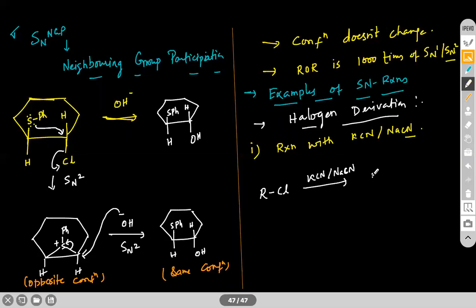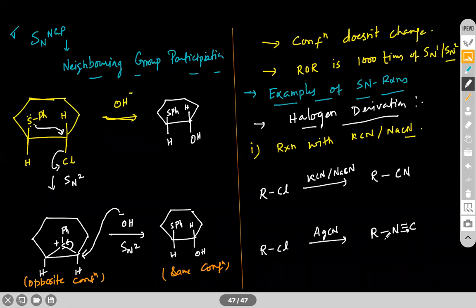What is the product we get here? RCN, right? If you have RCl and this reacts with AgCN, what is the product we get? RNC.